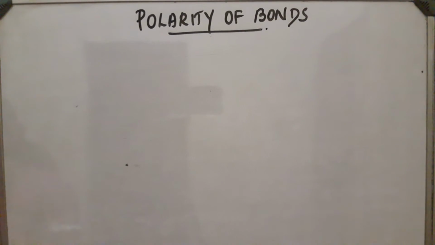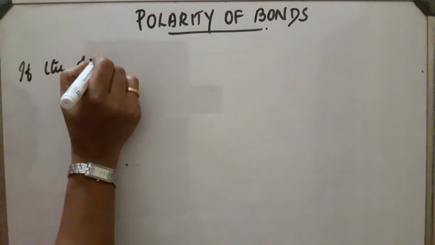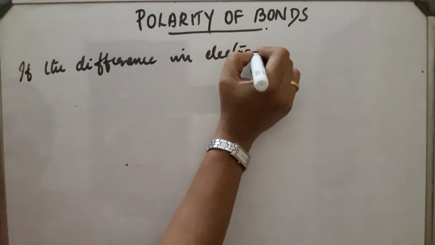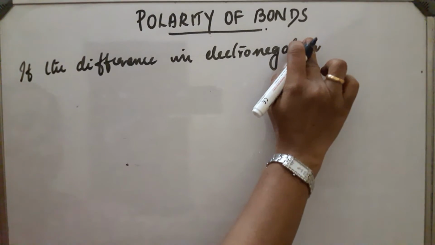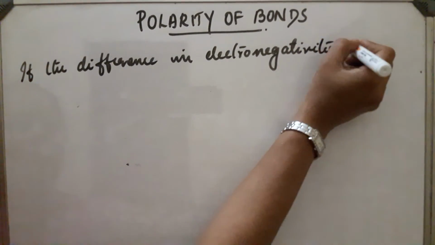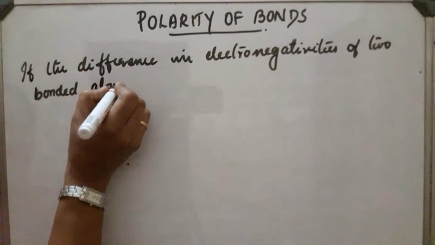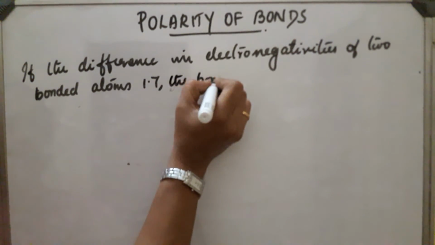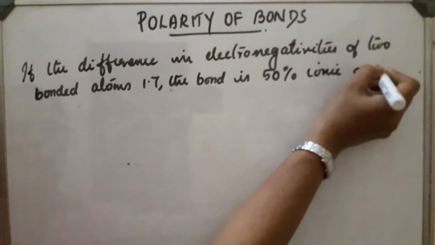It is observed that if the difference in electronegativities of the two bonded atoms is 1.7, the bond is 50% ionic and 50% covalent.